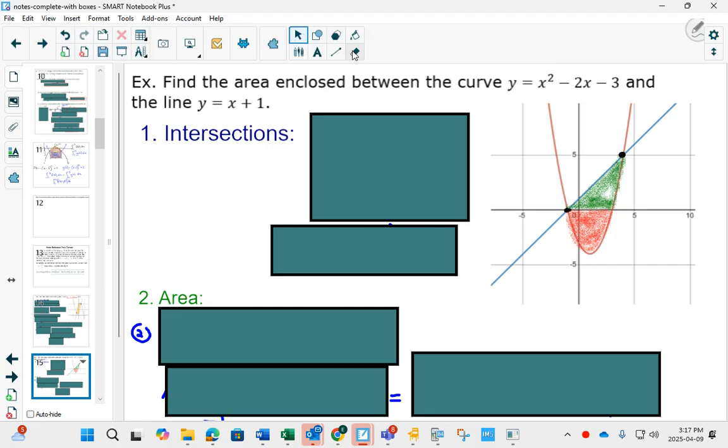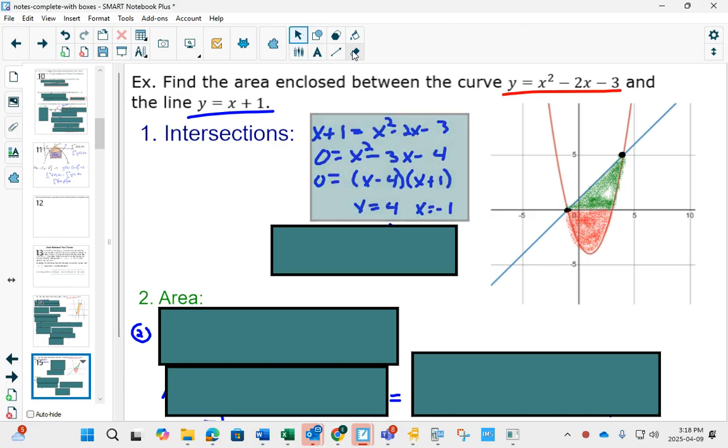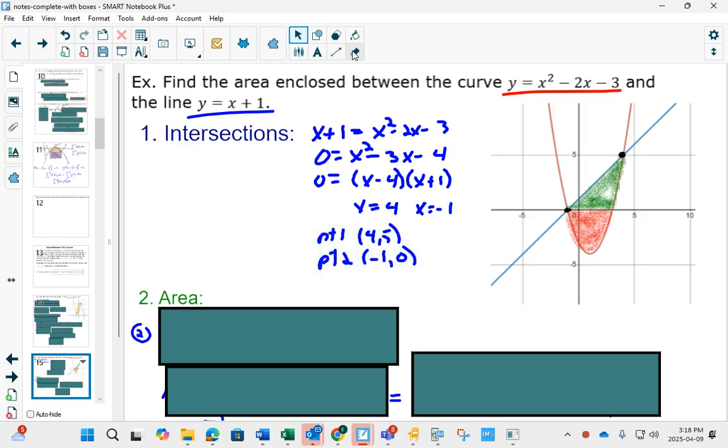So we have to find our two intersection points, and again, color coding things. My parabola is in red, and my line is in blue there. I make them equal, and I solve, and I get 2 points, when x is 4 and when x is -1. Do we need to find the y coordinates?